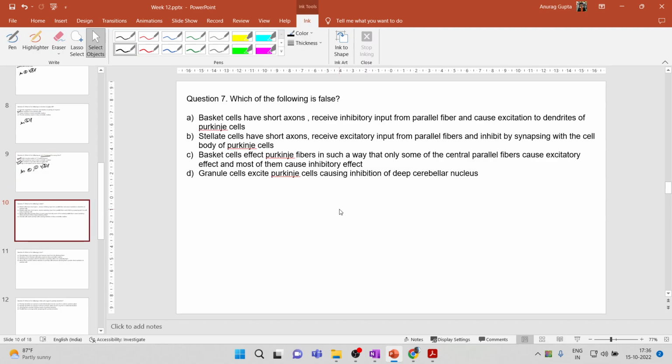Okay, which of the following is false? Again, for this you can take around 1 minute to try and answer this, and then I'll discuss this in detail.